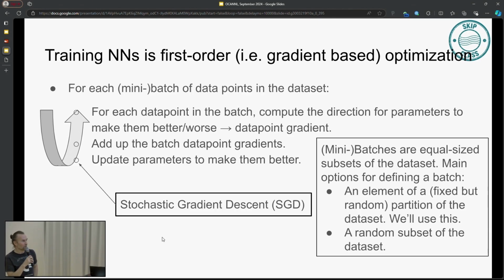So we can select the batches randomly, or we can permute the data set before each run through the data set, because often we'll want to go through the data set multiple times. And that stochasticity actually improves the properties of training. But in my example, I actually stick to a particular partition of the data set for simplicity.